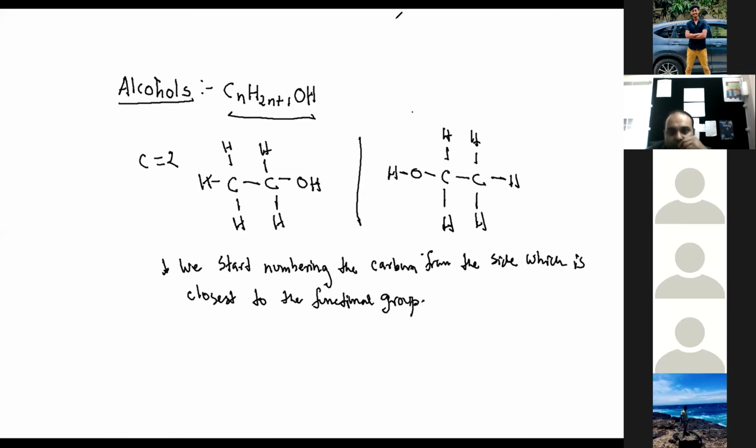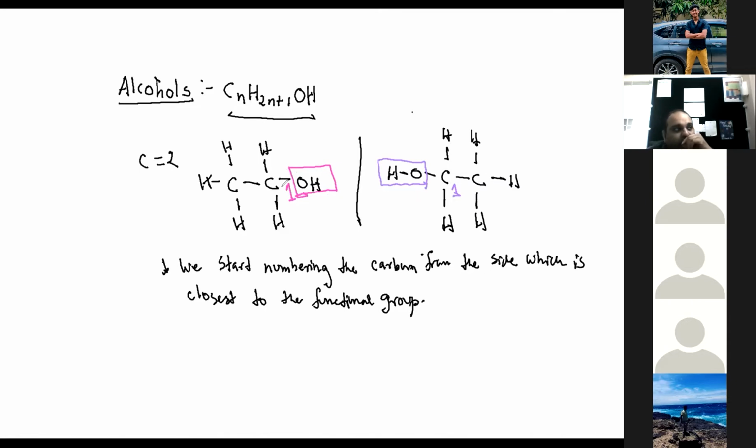Here the OH is on this side, so this is carbon number 1. Here the OH is on this side, so this is carbon number 1. So are they same or different? They're the same compound.